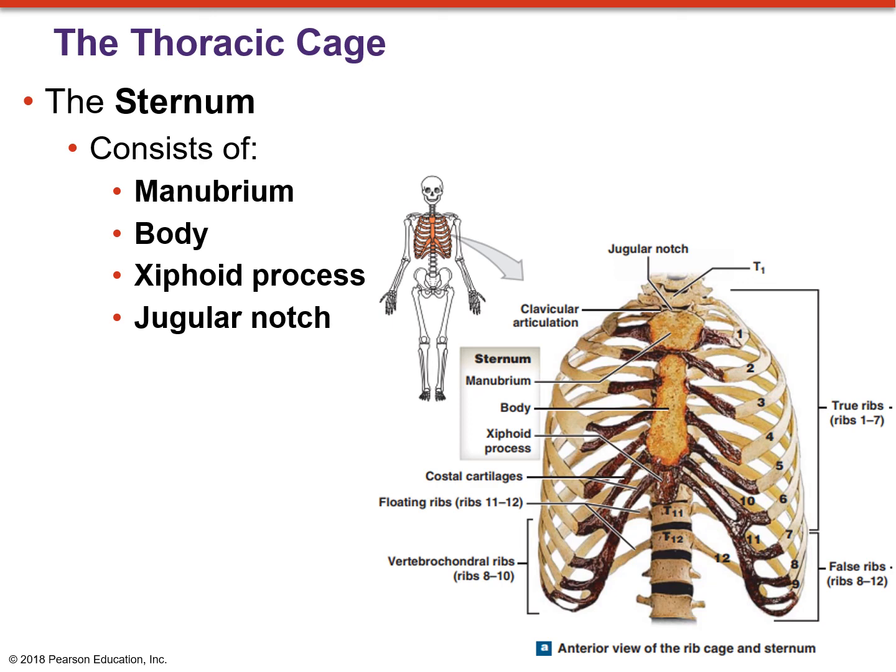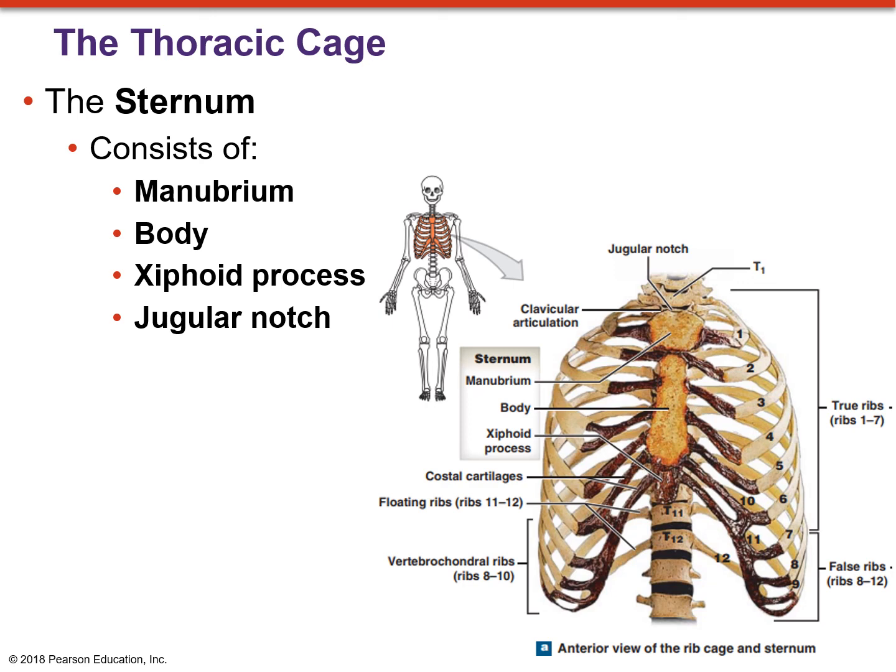You have that jugular notch, the shallow indentation on the superior surface of the manubrium, located between the clavicular articulations. You have the tongue-shaped body that attaches to the inferior surface of the manubrium and extends caudally along the midline.